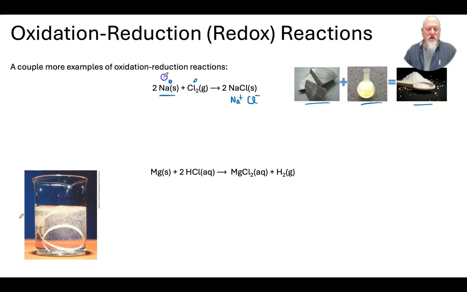So if I go from the sodium metal to sodium plus, that process is losing electrons, so the sodium is being oxidized, or oxidation is occurring to the sodium. And the chlorine is going from 0 to negative. That means each of the chlorine atoms is gaining an electron. So electrons are being gained by the chlorine, and that's reduction.